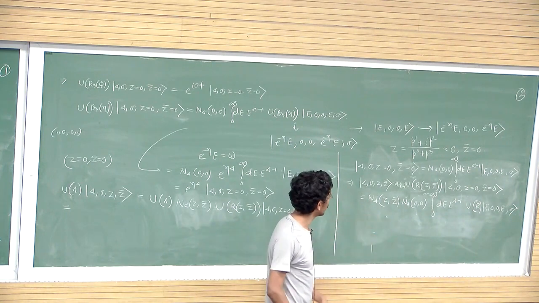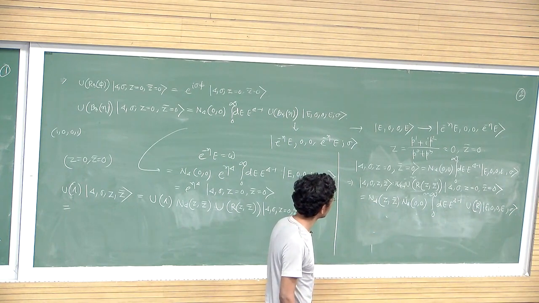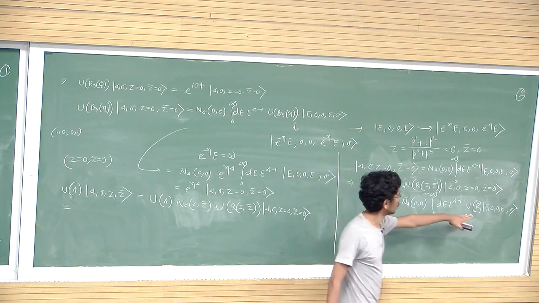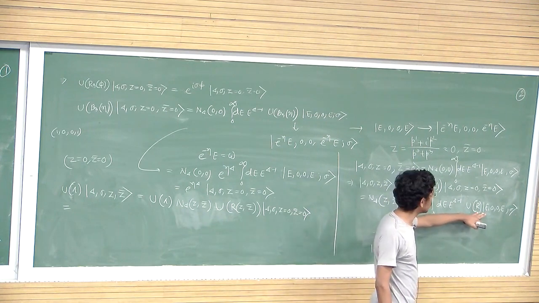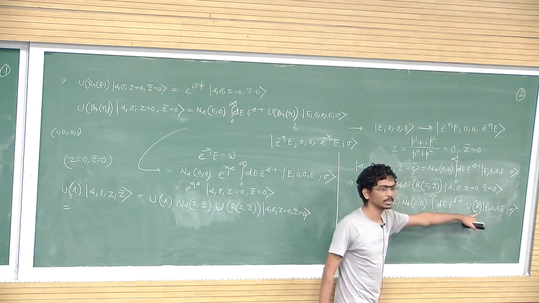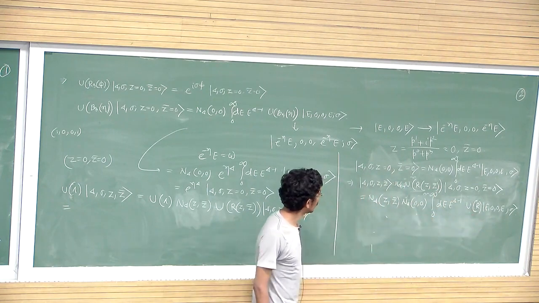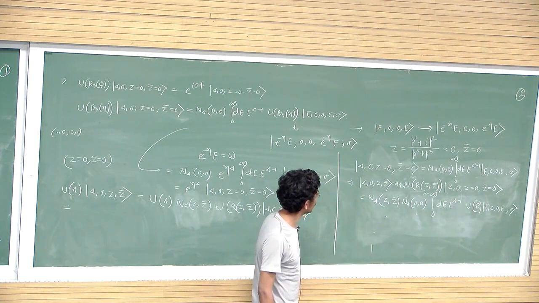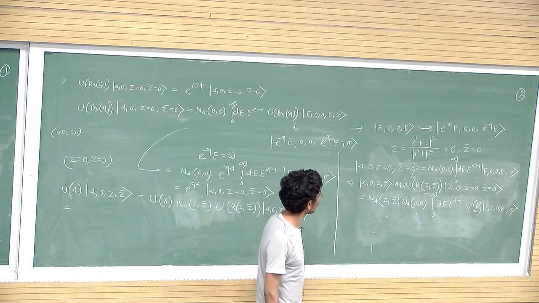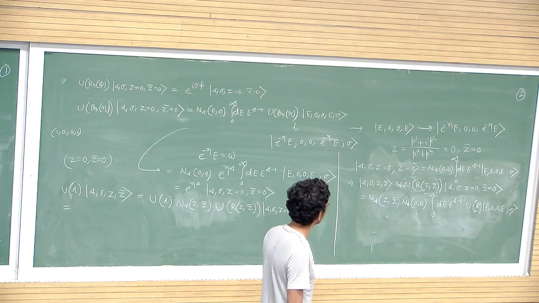But if I said z equal to 0, u of r is identity. No, this is not z equals 0. I have not written the z bar here. The z bar is there. But suppose I choose the u of r to be identity, then the left hand side will just be delta sigma 0 0. The right hand side will have n delta 0 square.